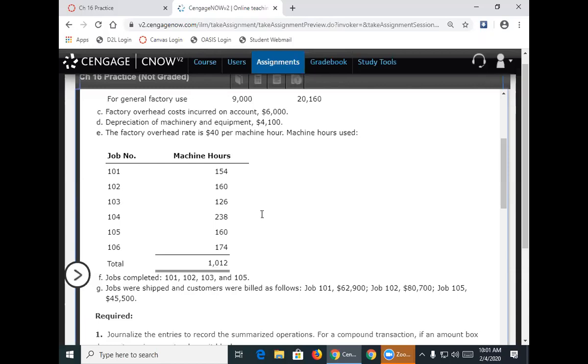What is my overhead for job 101? $6,160. Thank you. 6,160. How about 102? 6,400.